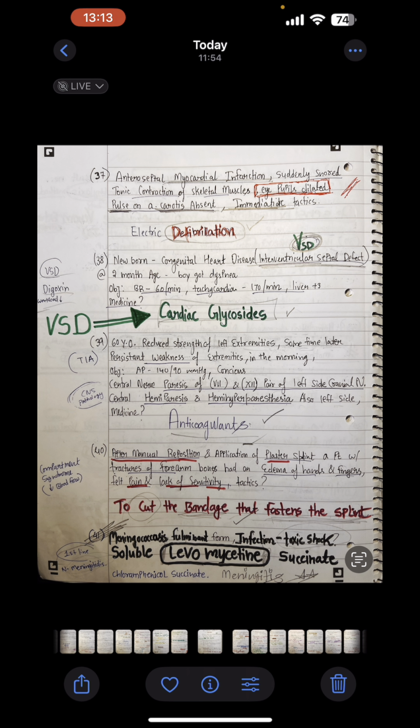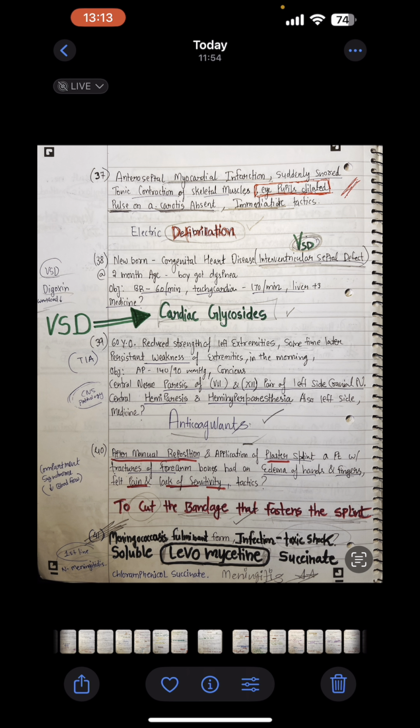Next patient is a newborn having ventricular septal defect. For the cases of ventricular septal defects, what medicine are you going to prescribe? Sir, we are going to prescribe cardiac glycosides in such cases, for example digoxin. Such drugs will reduce the workload on the heart.